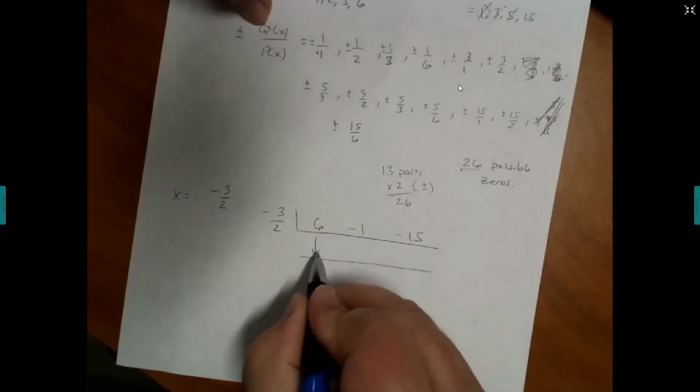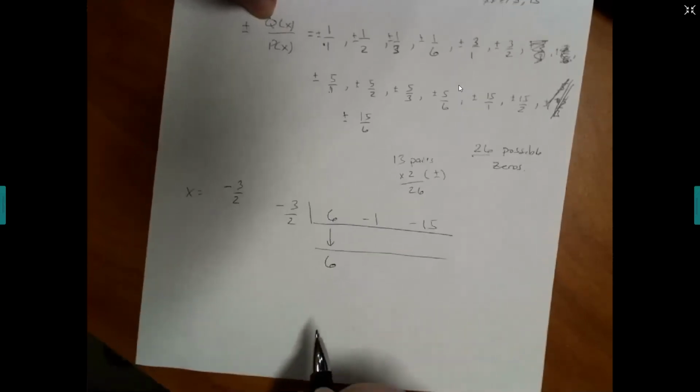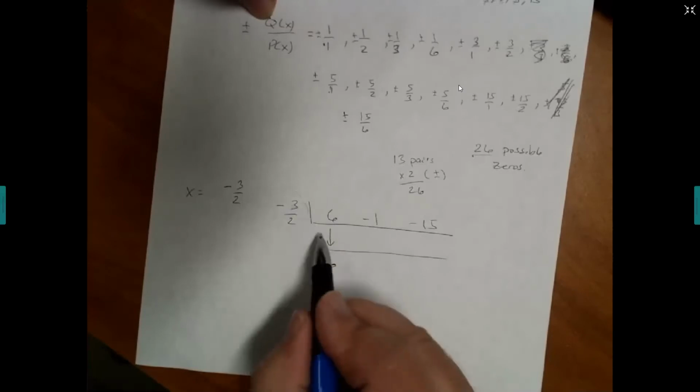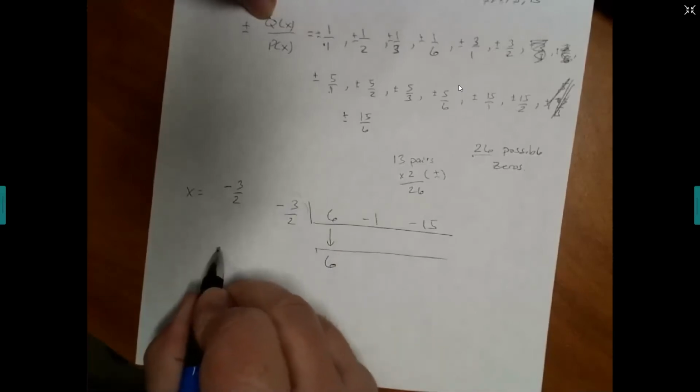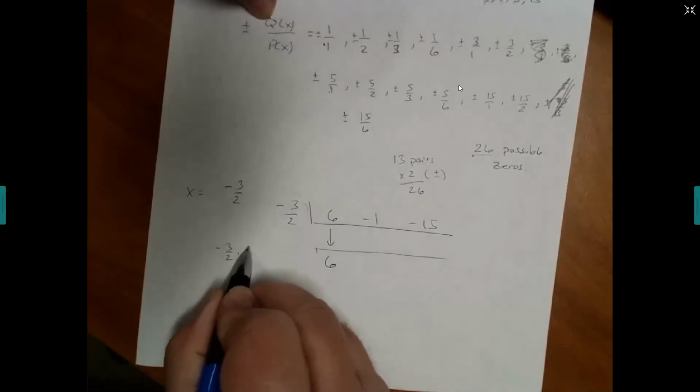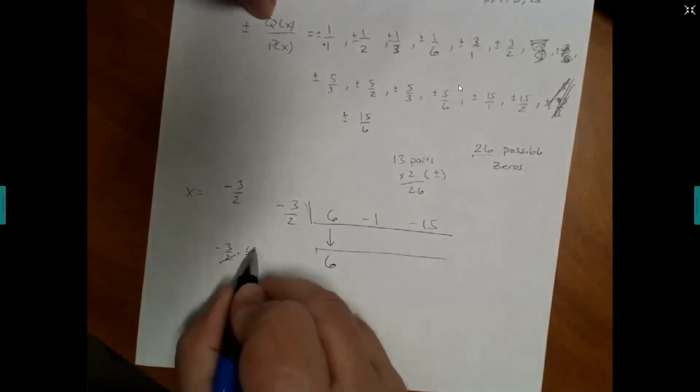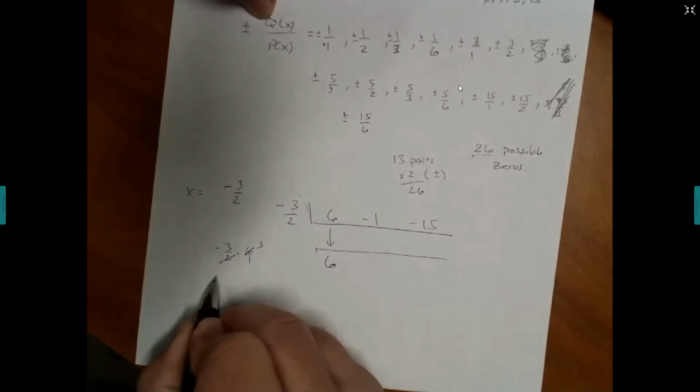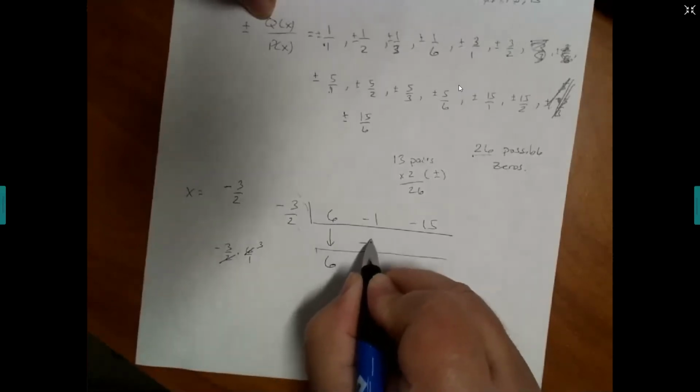Bring down the first one, multiply. -3/2 times 6/1. The 2 and the 6 cancel, so we get -9.